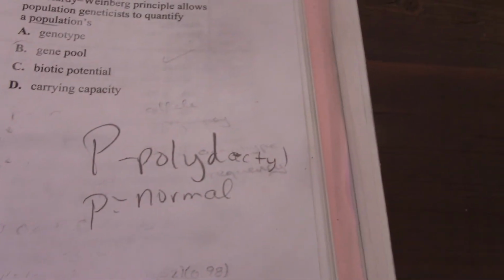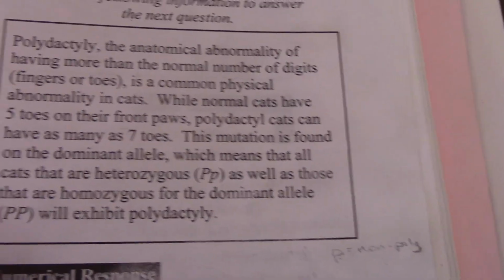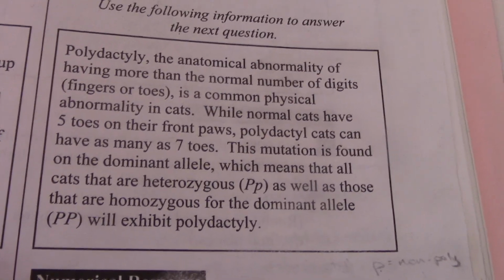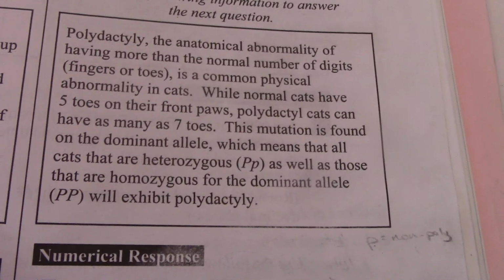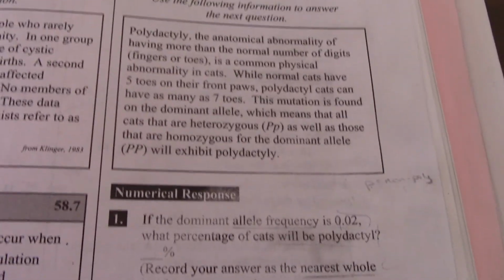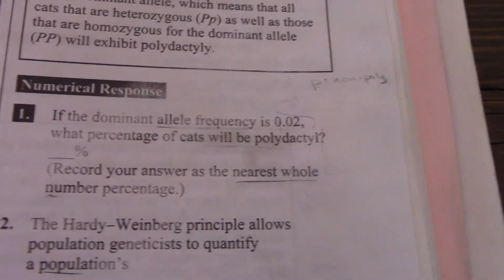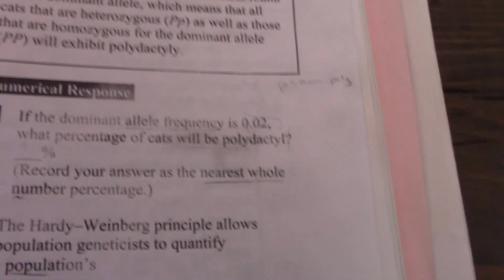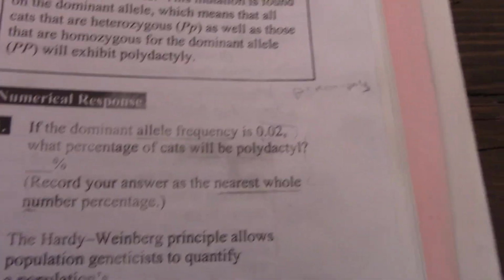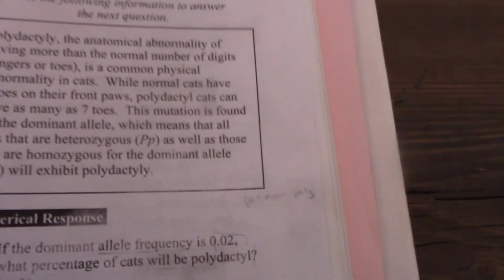The mutation is found on the dominant allele, which means that all cats that are heterozygous, as well as those that are homozygous for the dominant allele, will exhibit polydactyly. So numerical response 1 says, if the dominant allele frequency is 0.02, what percentage of cats will be polydactyl?